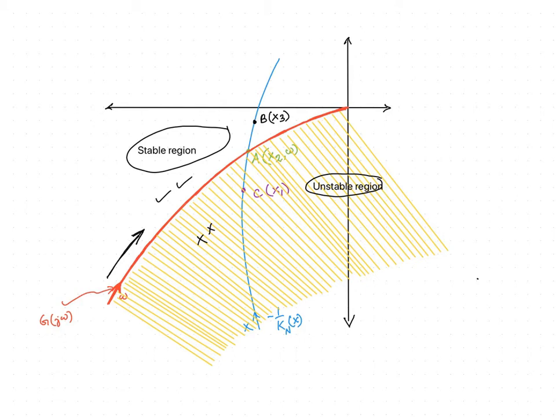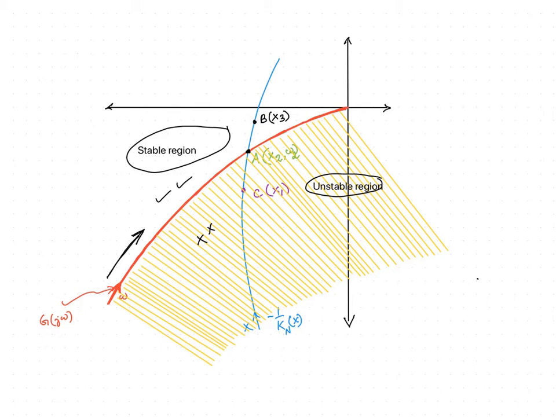The meeting point of the G of j omega plot and minus 1 by kn of x plot is a limit cycle point. That is, as far as this figure is concerned, it meets at capital A. This corresponds to a point capital A with magnitude as x2 for the limit cycle oscillation and frequency as omega 2 for the corresponding limit cycle oscillation.